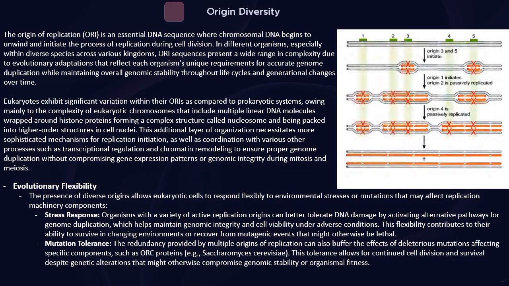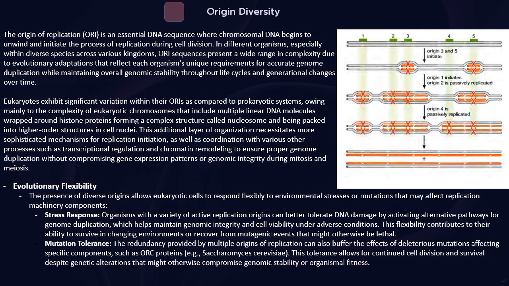Before getting to know about origin diversity, we should have a basic understanding of the origin of replication, or ORI. ORI is an essential DNA sequence where chromosomal DNA begins to unwind or melt and initiate the process of DNA replication during cell division.